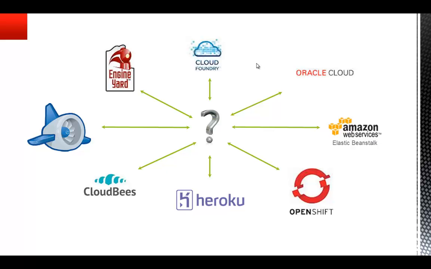Also, if you want to take your app from one PaaS provider to another, there's no portable way of representing the context around that application. By context, I mean configuration information, the information about which of your app components depend upon which of the platform provider's services. That information is pretty much proprietary at this point.